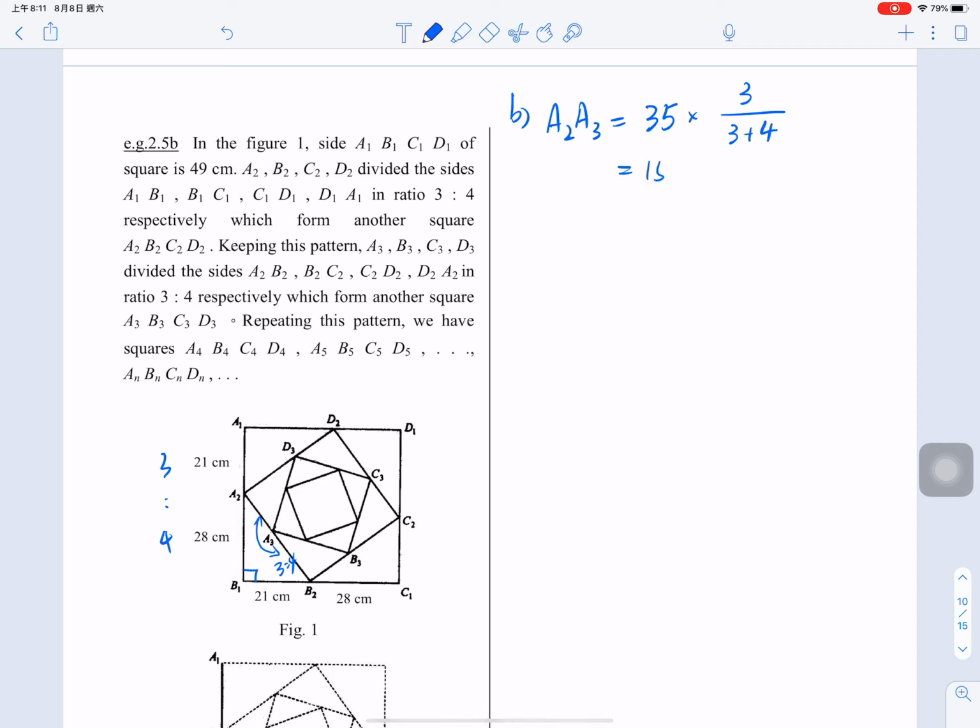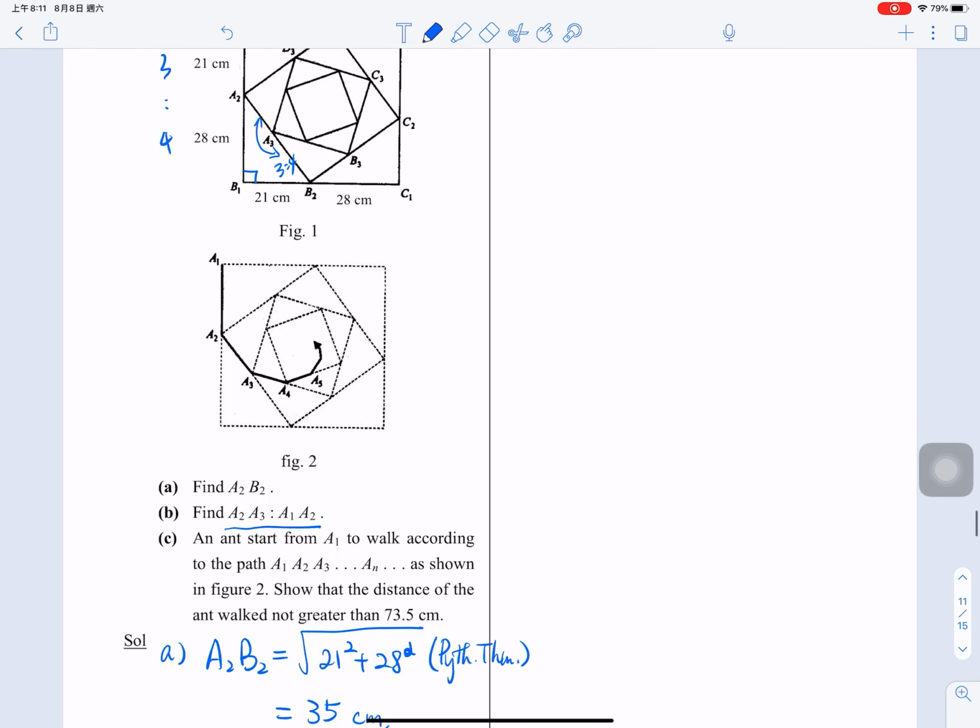So this one is 15 cm, right? So A2, A3 to A1, A2, and you found that this one is 15 to 21. So 5 to 7. Okay? Good.